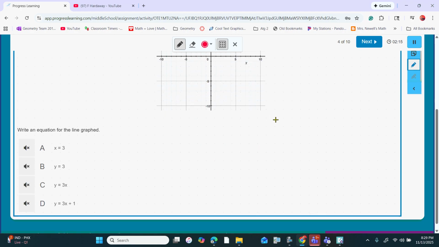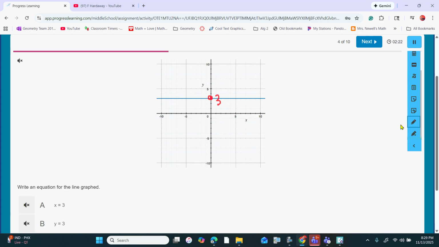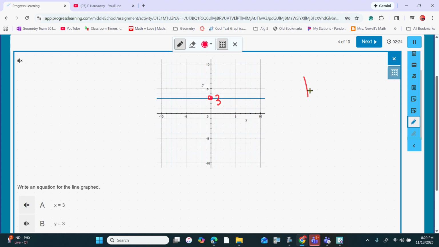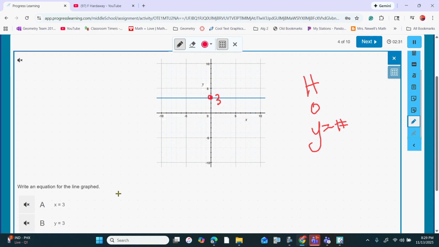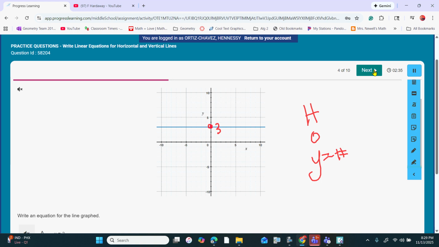So that helps me pick which one is my equation. Because it's a horizontal line, it has to be y equals a number. No x's here. So hopefully we see that is our number.